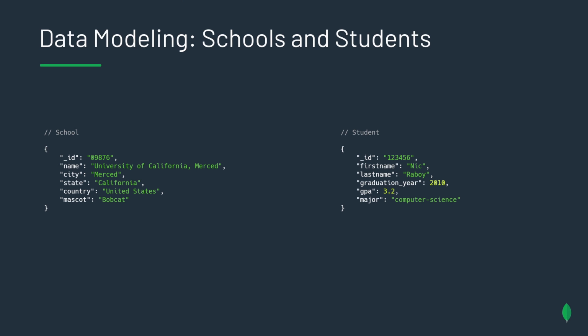I made it up off the top of my head. So let's say that we have school data and we have student data. If you wanted to, you could have two collections. Collections are groupings of similar documents, document types. So for example, all school documents might exist in a school collection and all students might exist in a students collection. And they could look like this. This would be a very basic document.